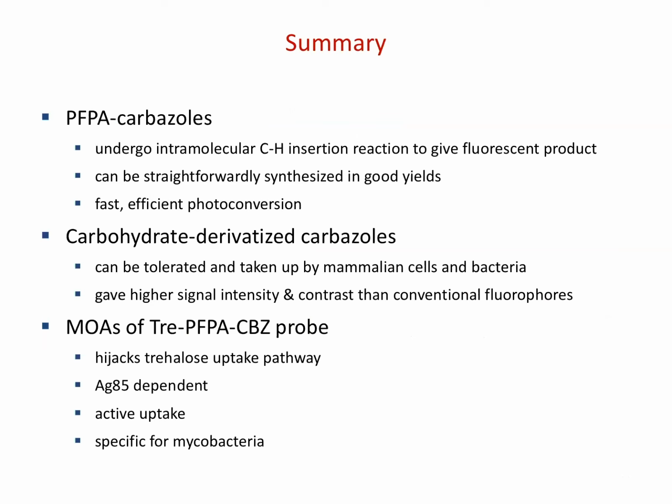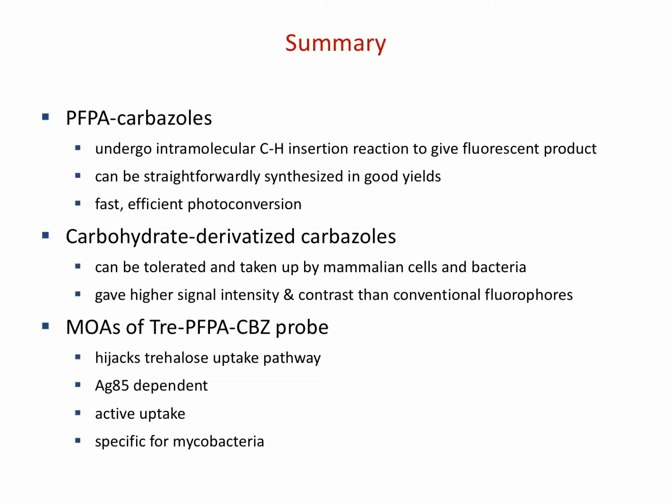So with that, I want to summarize to show that our fluorinated aryl azide and the carbazole-derivatized azide can undergo intramolecular CH insertion reaction to give a fluorescent product. They are quite straightforwardly synthesized, the yield is pretty good, and the photo conversion is fast and efficient. I've also shown that the carbohydrate-derivatized carbazole imaging probe can be tolerated and taken up by both mammalian cells and bacteria, and they have given high signal intensity and contrast over conventional fluorophores.